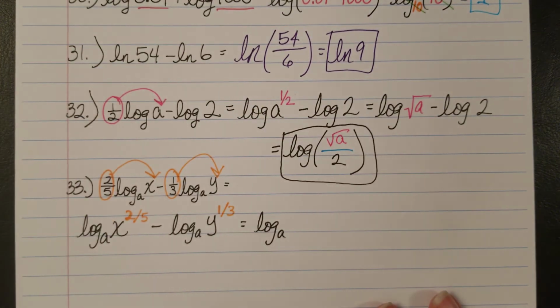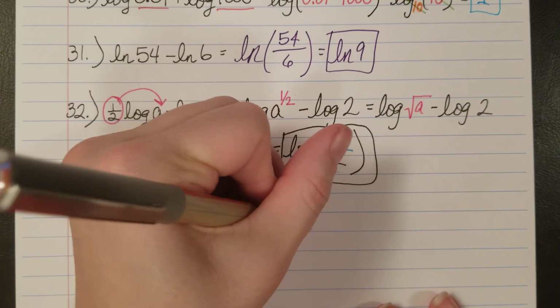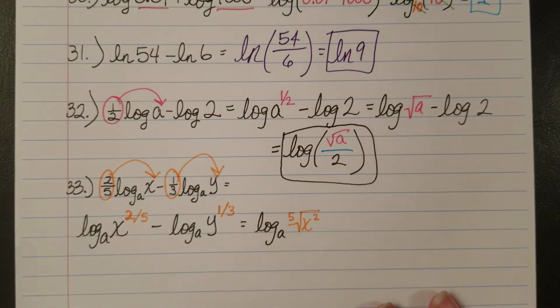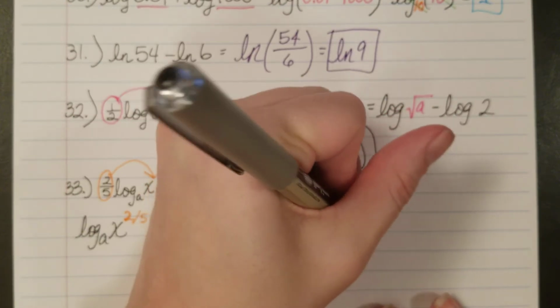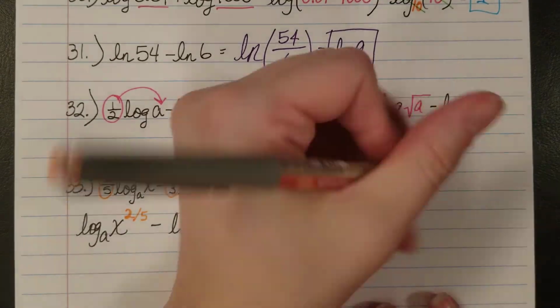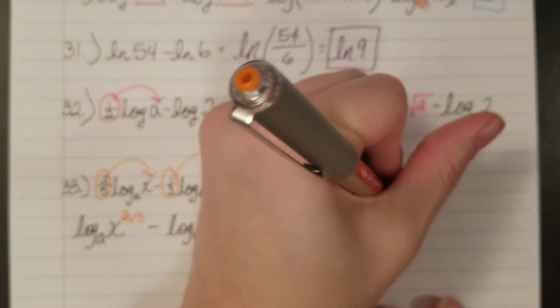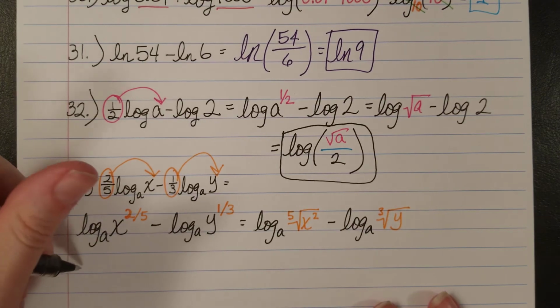Okay, so log base a of the 5th root of x squared minus log base a of the cube root of y. And now let's go ahead and combine them.